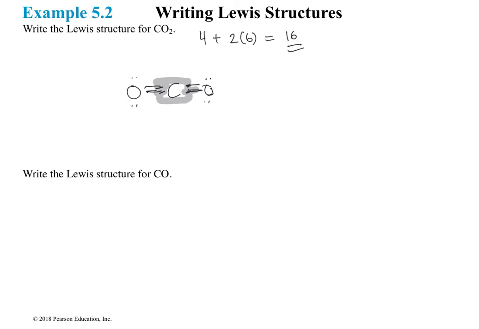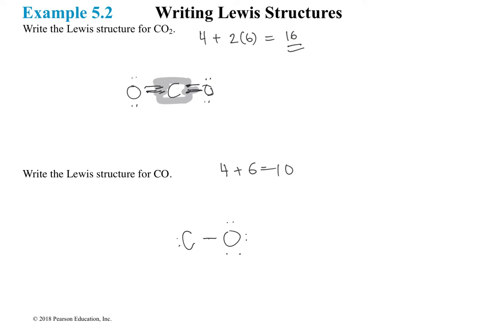Carbon monoxide, we have 4 plus 6, so 10 valence. So I have CO. I'm going to fill in those 10. 2 from the bond, 4, 6, 8, 10. So now carbon doesn't have an octet.